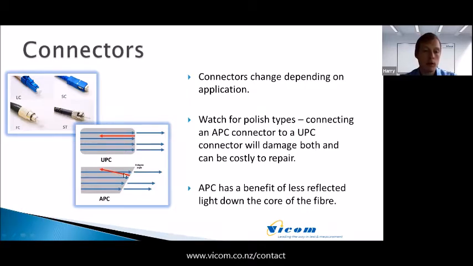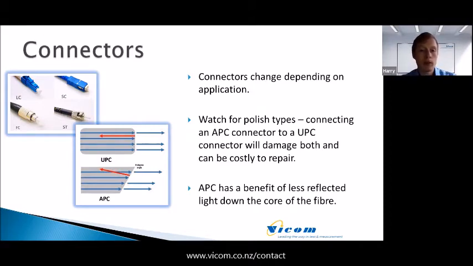If you push a UPC connector on an APC connector, the APC connector is going to try and dig a groove or gouge into the UPC connector, and the UPC connector is going to crush the end face of the APC connector, obviously permanently damaging both connector end faces, and as a result, you're going to get a high loss event when those two connectors come together, potentially even bringing down your whole fiber link.